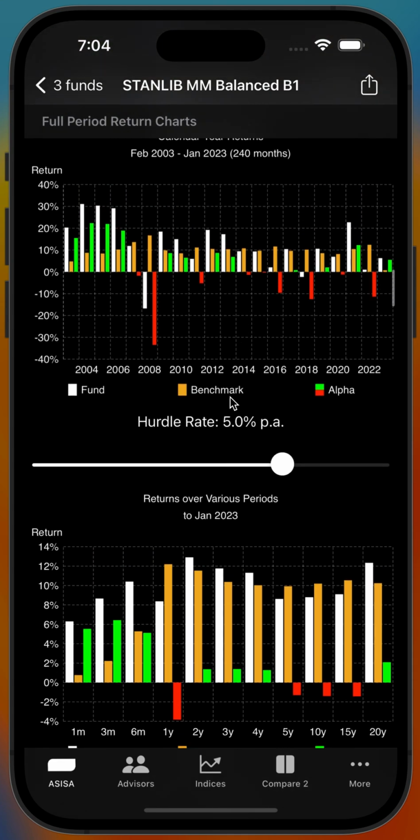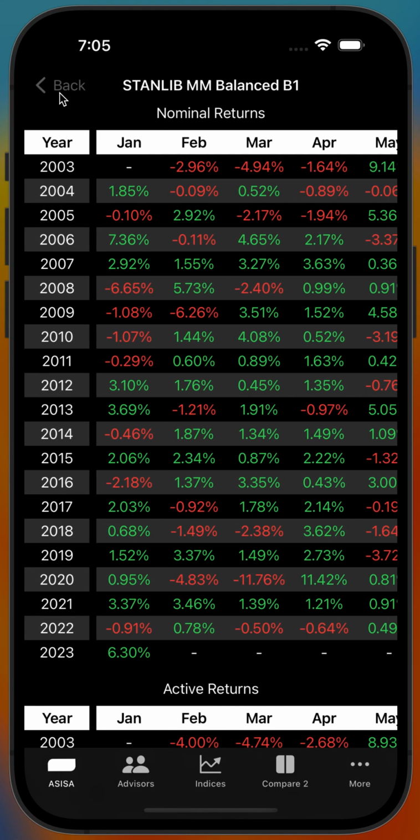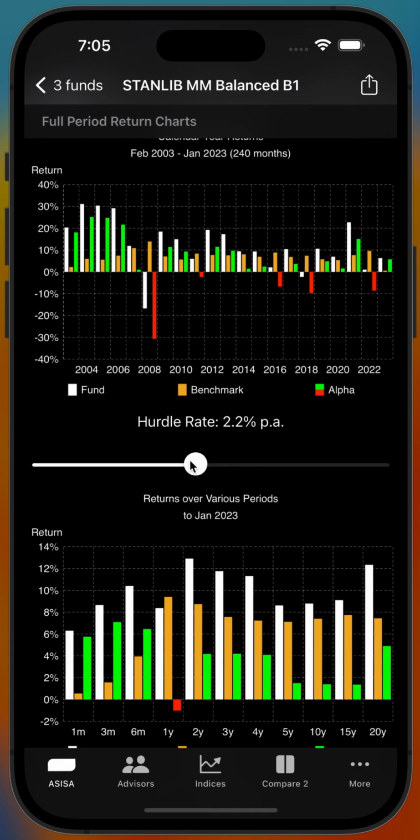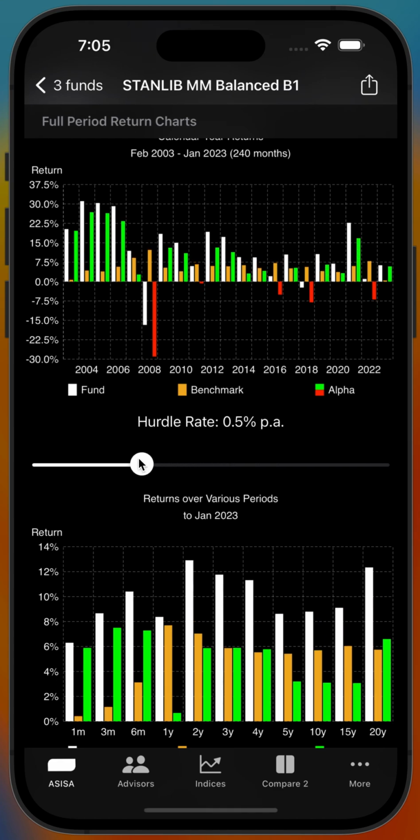In this case, you'd have to come up here and see that it's actually outperformed in most calendar years, but it also underperforms in a couple. So out of the 21, 2, 3, 4, maybe 5, 6, 7, 8, 9, might have underperformed the ASISA category. So I'm just going to put that back to 0 so it doesn't affect anything else.